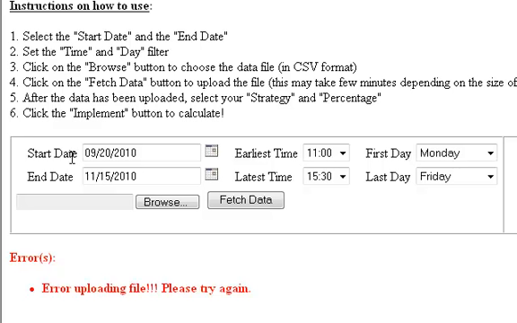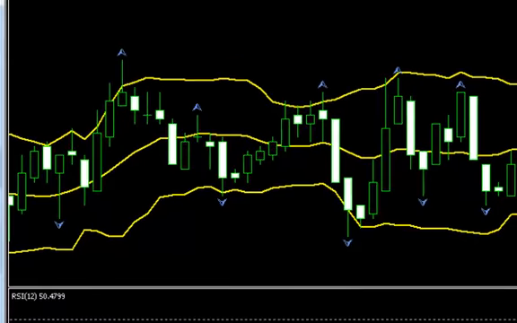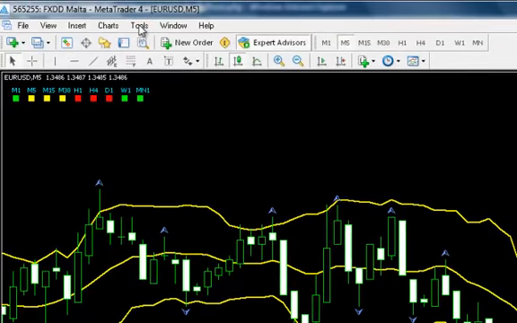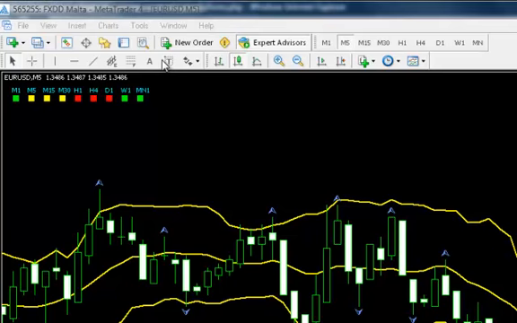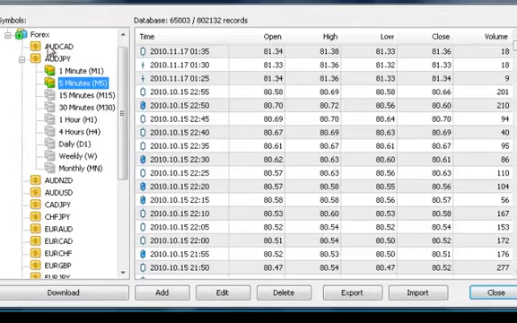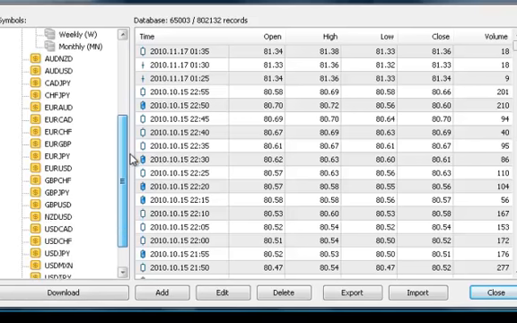As I told you before, I typically go back anywhere between 45 days and 60 days. This one I just happened to choose from September 20th to yesterday, which was November 15th. I've already downloaded the platform data. Just to go over that one more time, in your platform you go into your tools area, you have a history center, and you look for whatever currency pair you want to run through the trading calculator.